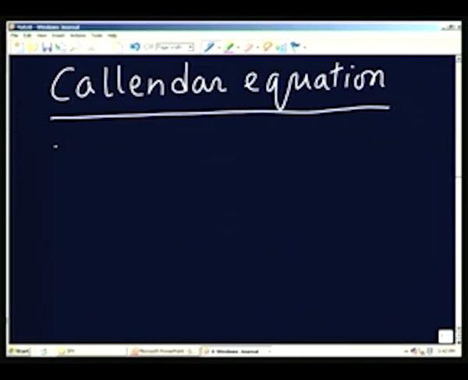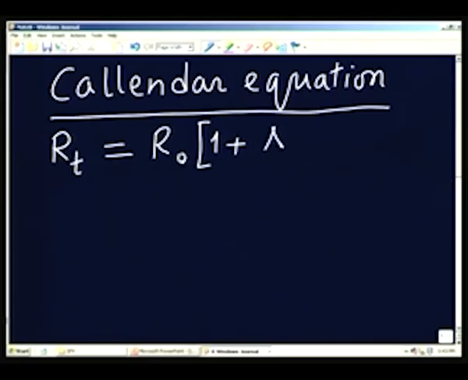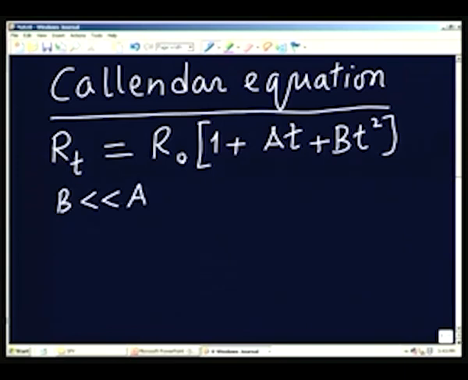So, the resistance of the thermometer, I will say RT, the resistance of the platinum resistance thermometer at any temperature T, can be written as R naught into 1 plus A times T plus a small nonlinear term, B T square, where B is very small compared to A. This is because of the slight nonlinearity.